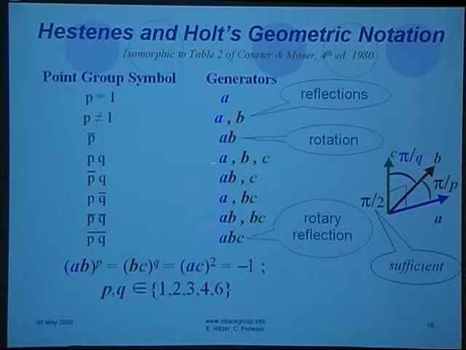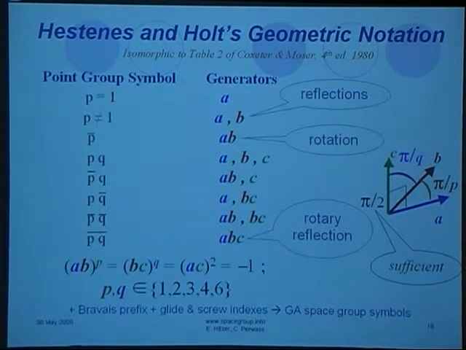If I have two numbers, I have three vectors separated by the angle pi over p and pi over q, and I can always choose it so that the third angle is pi half. So the angle between A and C is then pi half. And then overbar over one number means to have one rotor here and the other is still a free reflection, or vice versa, or two rotors. And if it's a closed overbar, it's a rotary reflection or rotary inversion.